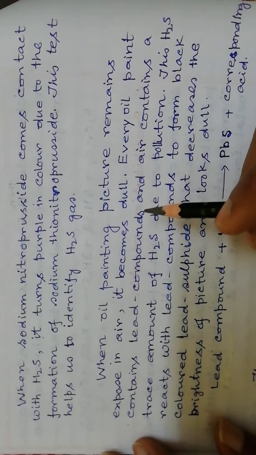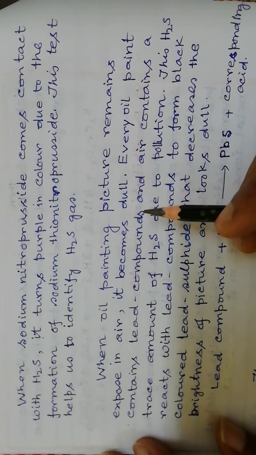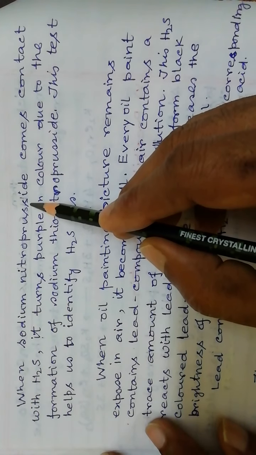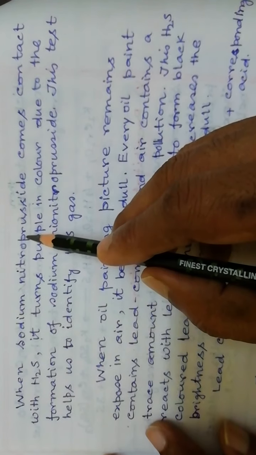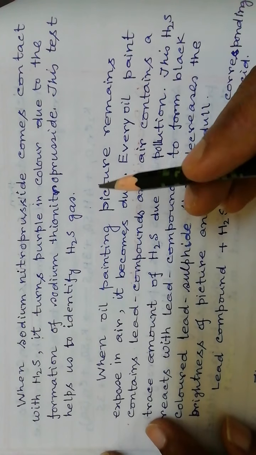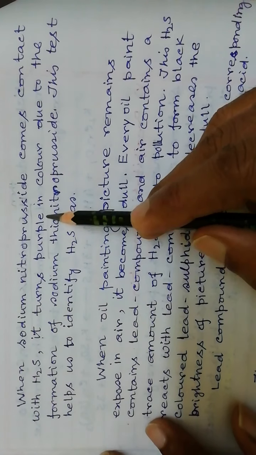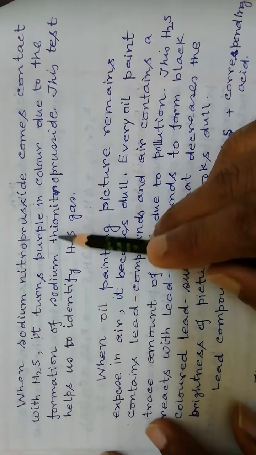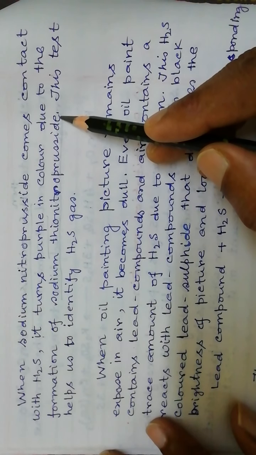Now how do you identify H2S gas? Sodium nitroprusside is a colorless solution. When it comes in contact with H2S, the color of the solution turns purple due to the formation of sodium thionitroprusside.